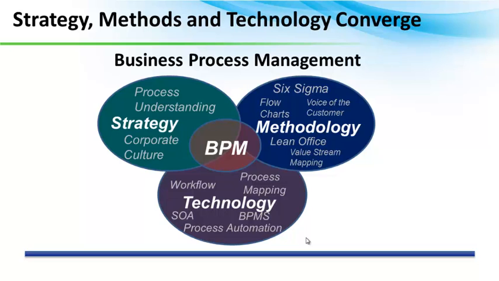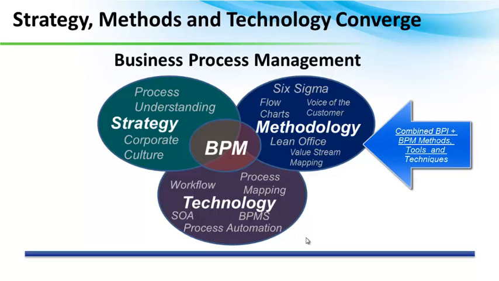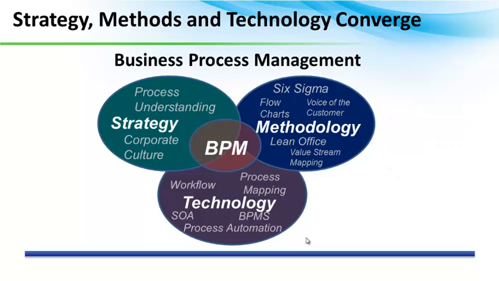So a lot of times companies will incorporate those types of tools or methods as part of their BPM strategy, again, to close the gaps on the process improvement tools that were lacking in the business process management methodology. And then the third component of this convergence is technology.